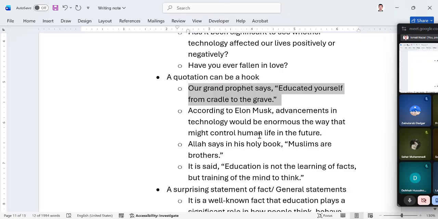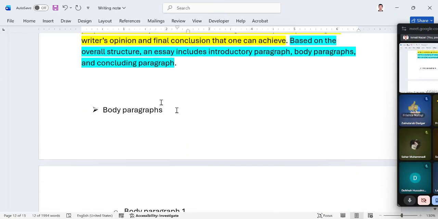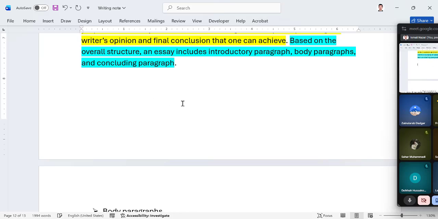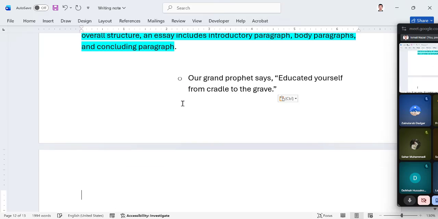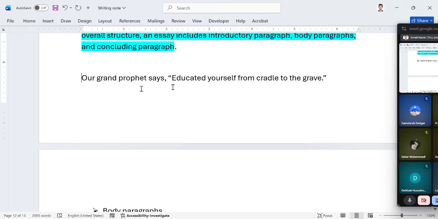So if that would be the hook, Prophet Muhammad said, educate yourself from cradle to the grave.